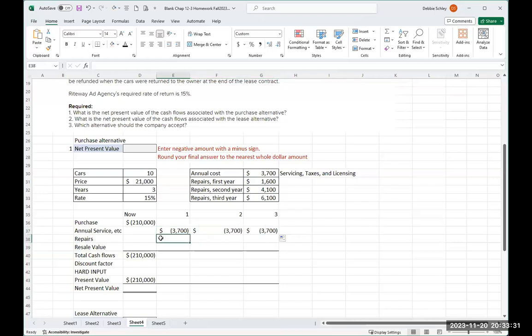Each year the repairs are a different number, and that's why I'm making this whole chart. So year 1 equals a negative 1,600. Year 2 equals a negative 4,100. And year 3 equals a negative 6,100.